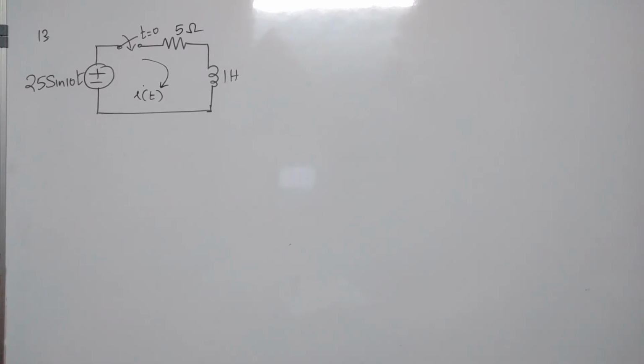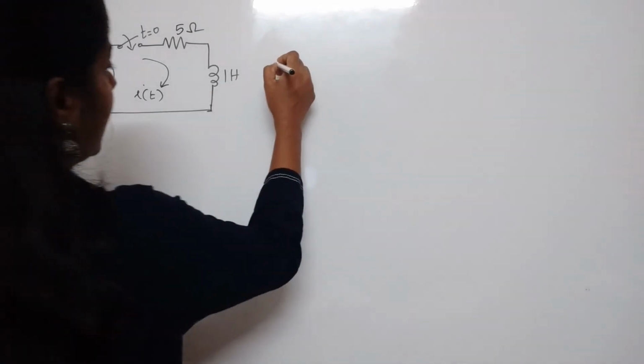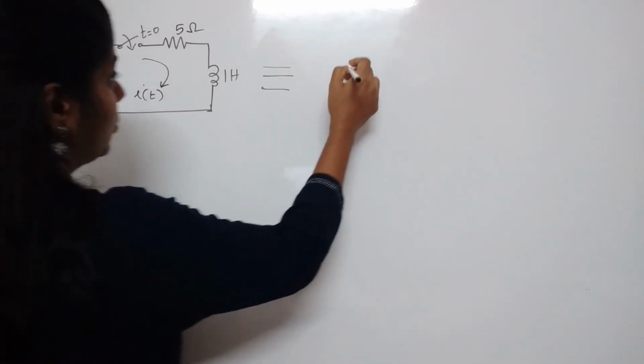Another question. A sinusoidal voltage 25 sin 10t is applied to a circuit at t equal to 0. Find current I of t assuming initial conditions to be 0. So here initial conditions are set to be 0, so we can directly draw the S domain circuit.